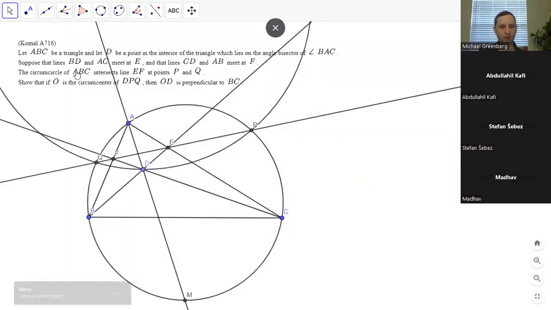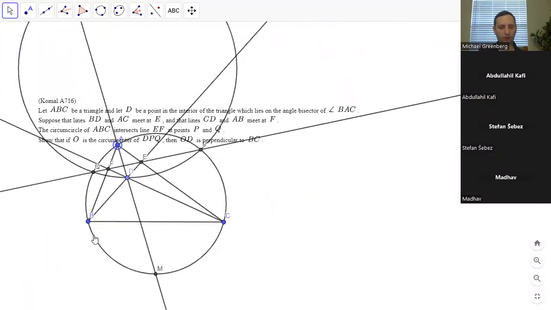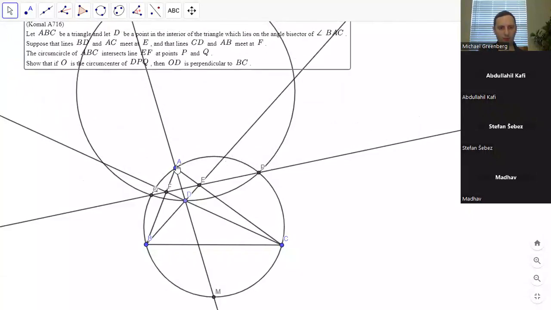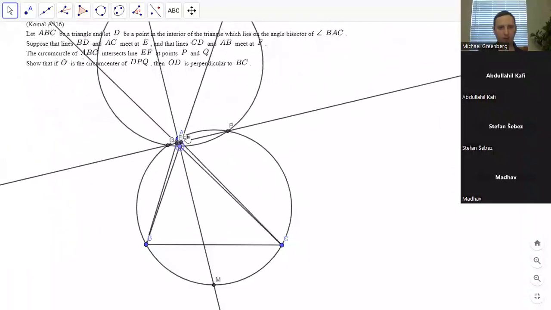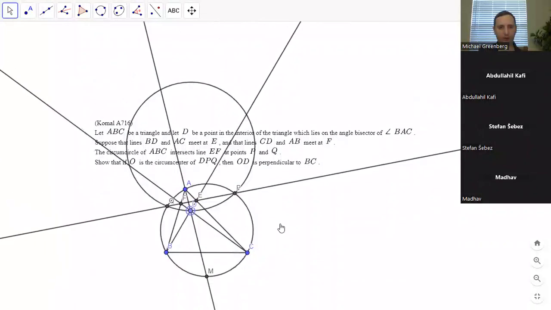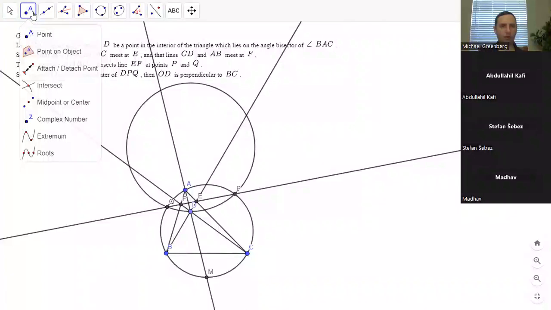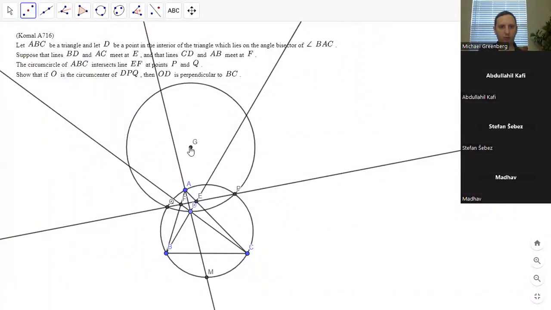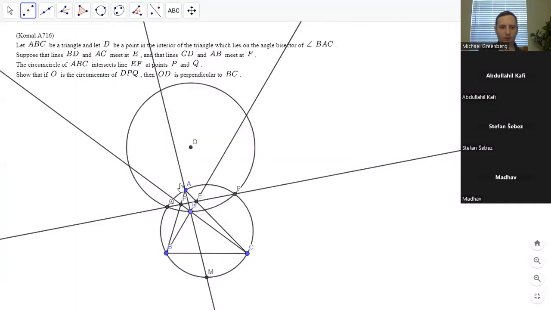All right. So let's make this look a little nicer. How do I make that circle smaller? If I move D higher, I guess it gets smaller, but really I think I just need to shrink the diagram. So we want to draw the circumcenter, and we want to show OD is perpendicular to BC. All right.